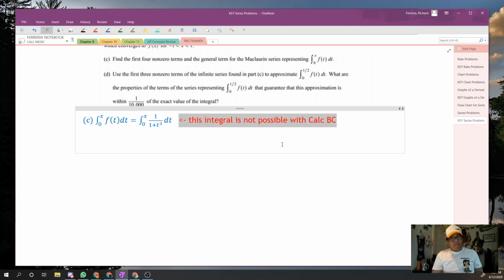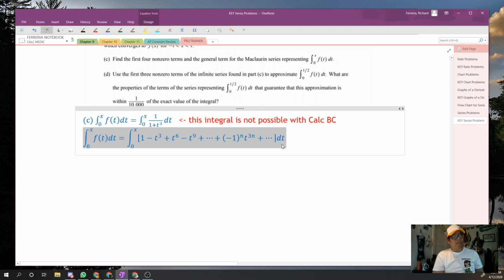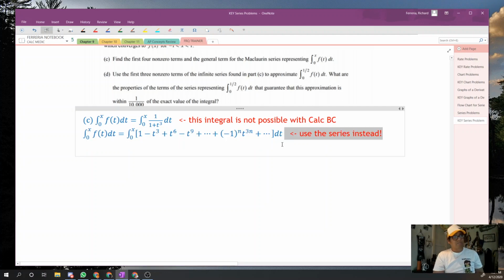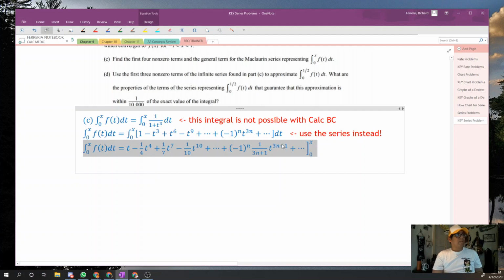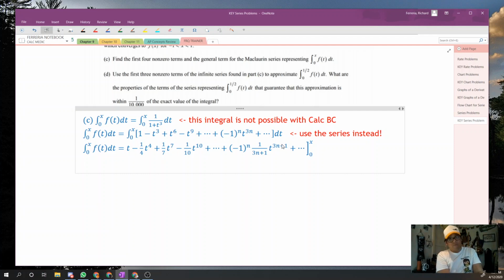So rather than getting yourself into a sticky situation, you do have an alternative here: instead of integrating that function, why don't you just integrate the series? It's also easier to integrate because it's just a term-by-term antiderivative. The antiderivative of 1 is t. The antiderivative of t cubed is 1/4 t to the 4th.